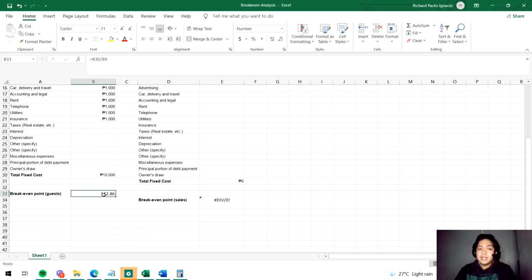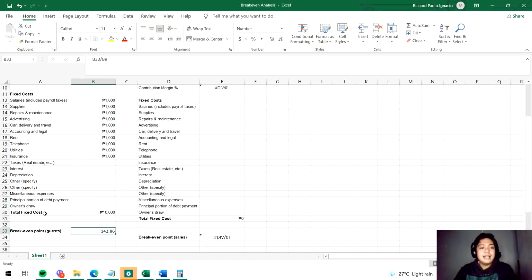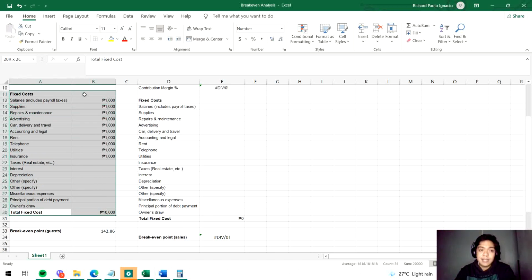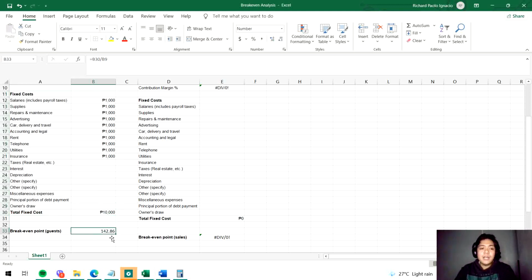Kailangan natin mag-serve ng 143 guests para mabayaran lahat ng fixed cost natin for that month. Ibig sabihin, pag tayo ay nakapag-serve ng 143 guests, hindi tayo kumita, hindi rin tayo nalugi. Nabayaran natin enough yung costs na kailangan natin for our operations.